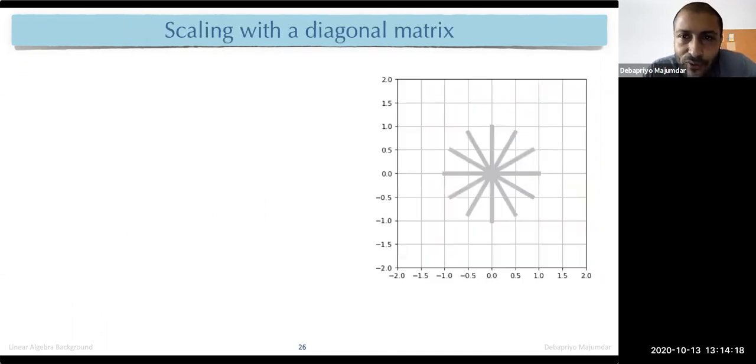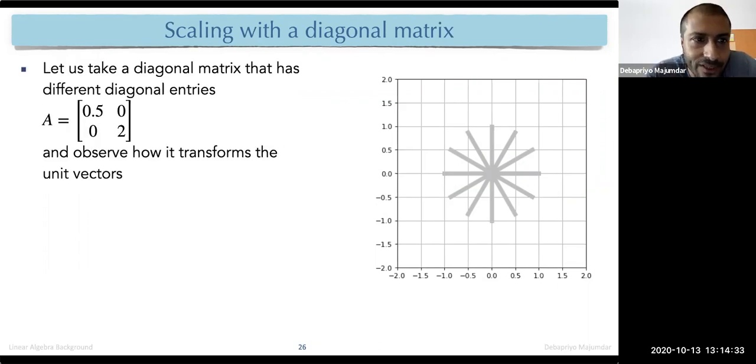Now let's do scaling with a diagonal matrix. We saw that in the identity matrix, the diagonal entries were 1. If we change them to other entries, then we do scale. So let's do scaling with half, 0 and 0, 2. That means the x-axis is squeezed to half and the y-axis becomes double.